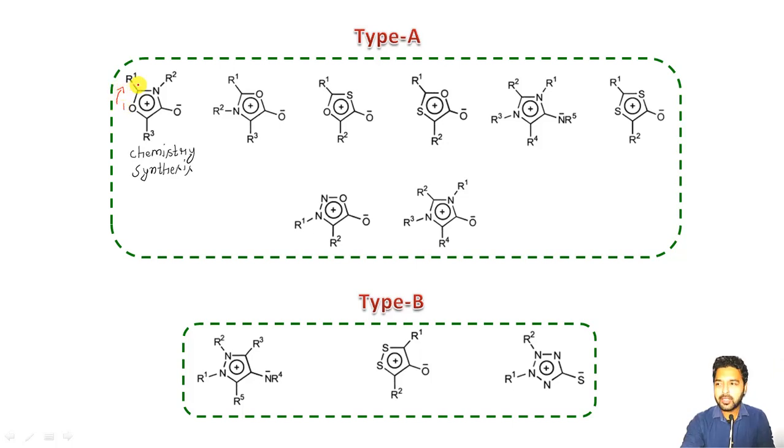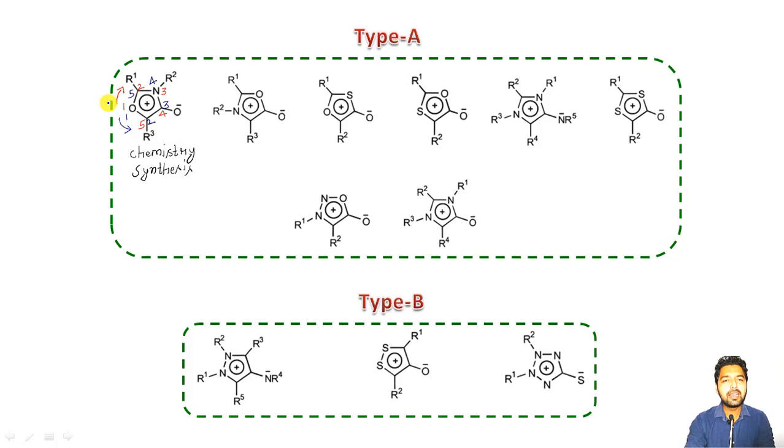So it will be 1, here comes number 2, it will be 3, and it will be 4, and this will be number 5. In this case you can see the nitrogen atom is having number 3. If we go the other way around, in this direction, oxygen is 1, this will be 2, this will be 3, 4 on the nitrogen atom, and this will be 5.